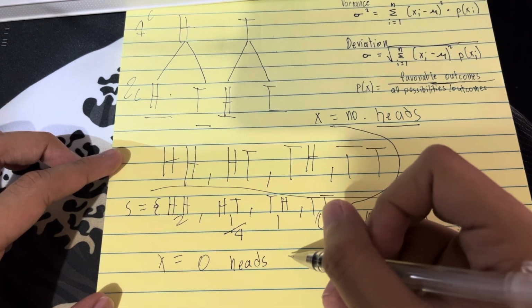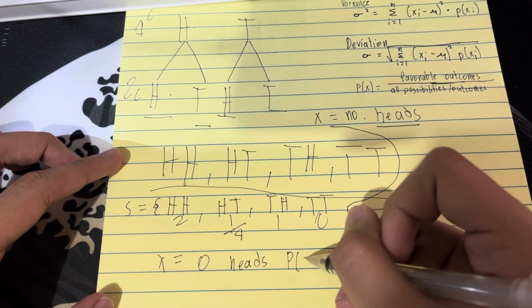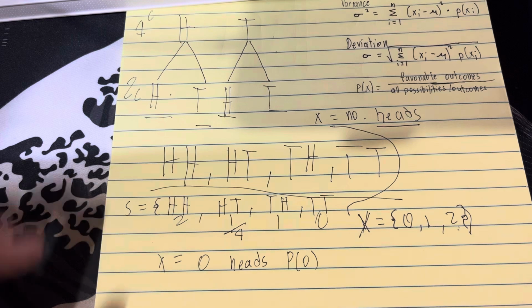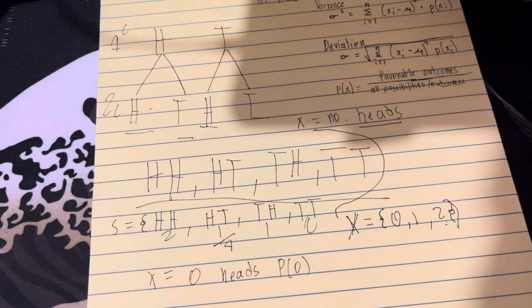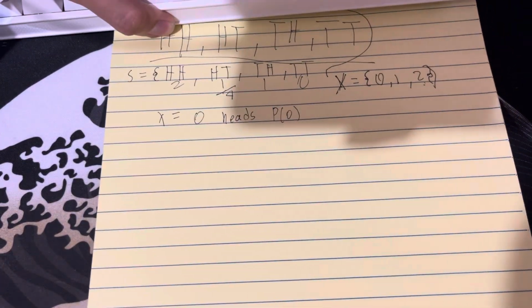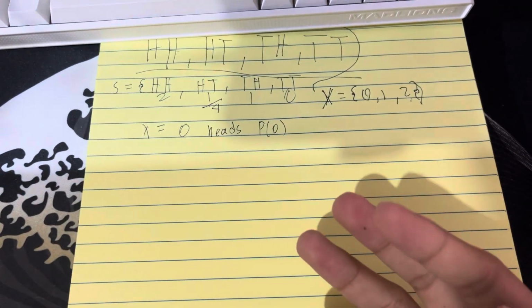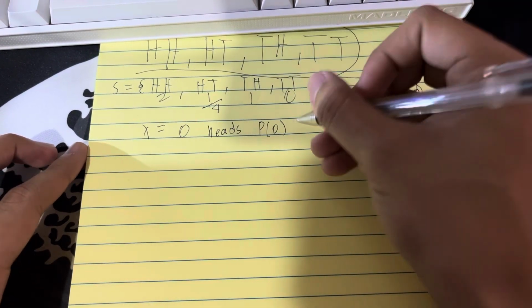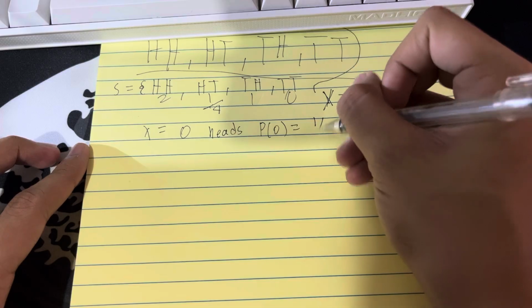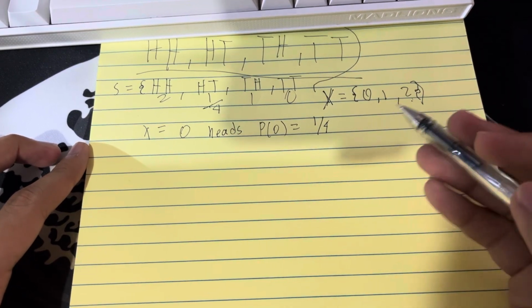This means that P of 0, let's move this up right here so you can see. Don't worry, we'll use that paper later. So P of 0 is equal to 1/4. Now why is it 1?